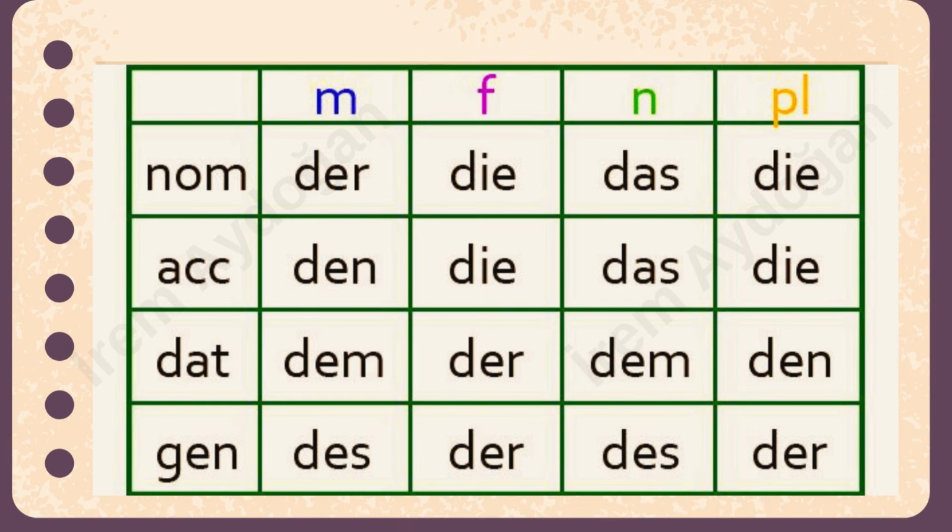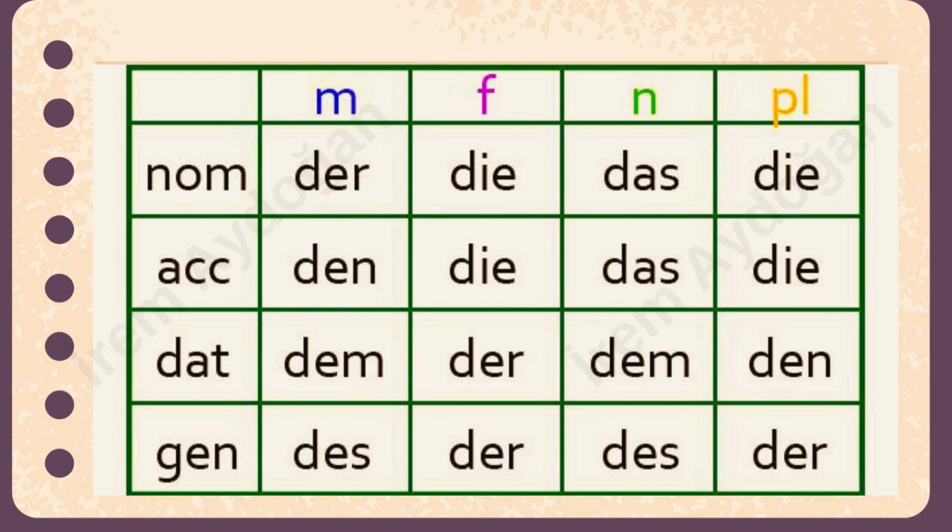If a noun has the article das, in accusative I use again das, in dative I use dem, and in nominative I use das. And if a noun has the article die, nominative die, accusative die, dative der.